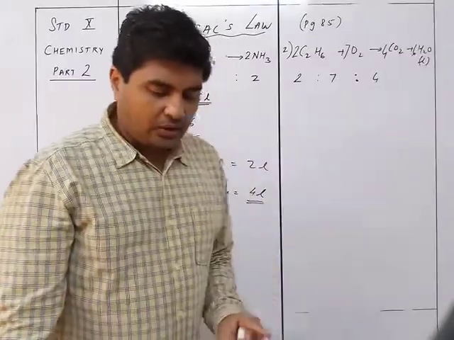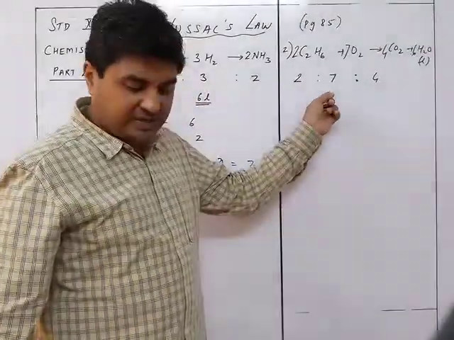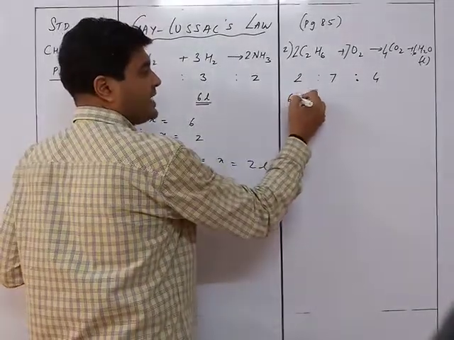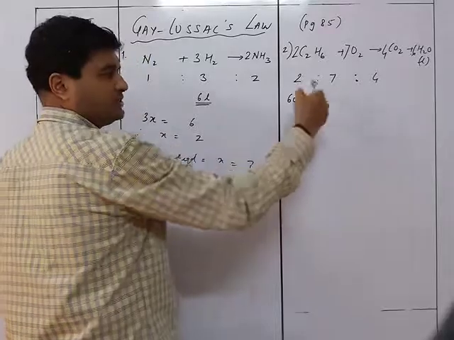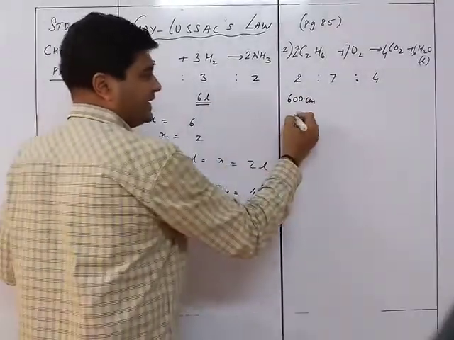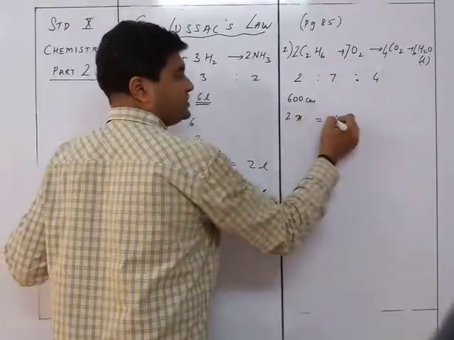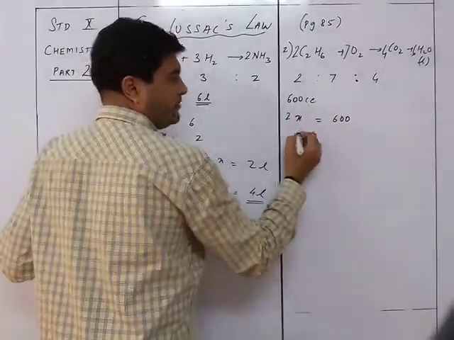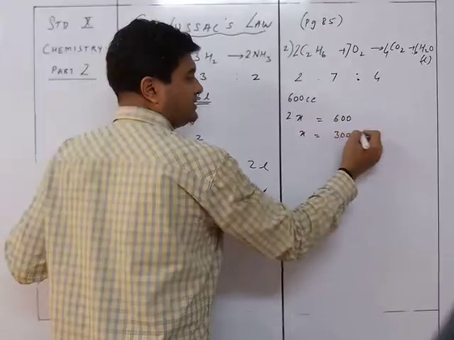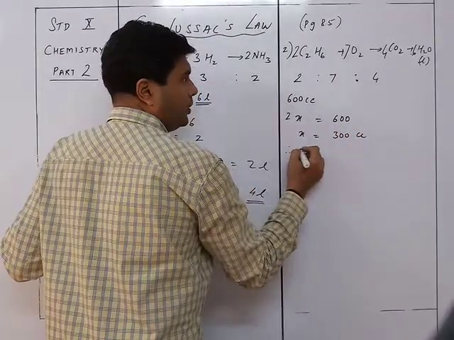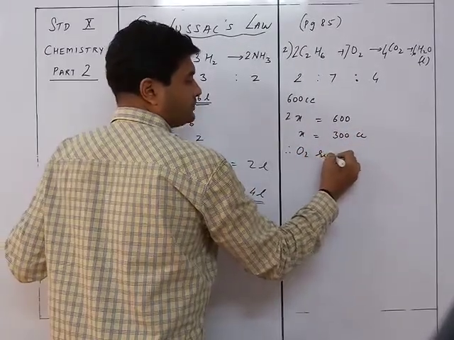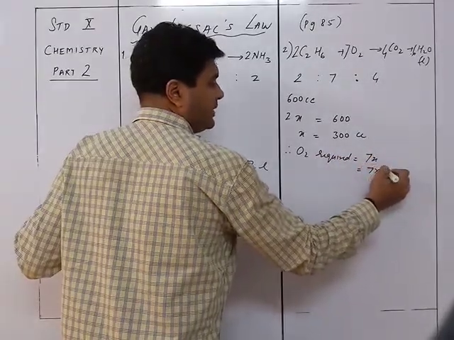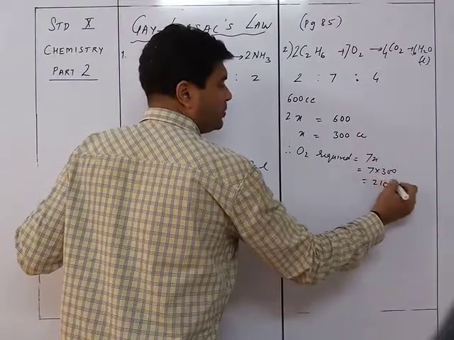They are given that 2500 cc of oxygen is reacting with 600 cc of ethane. So here we know that this is 600 cc, so automatically this cannot be taken as x. This will be taken as 2x. So 2x is equal to 600 cc, therefore x is equal to 300 cc. Therefore O2 required is 7x, which is 7 into 300, equal to 2100 cc.